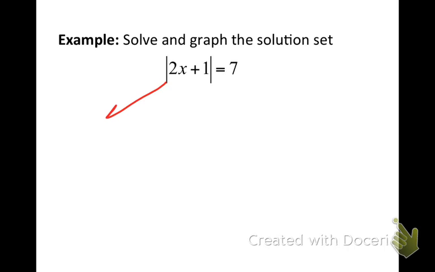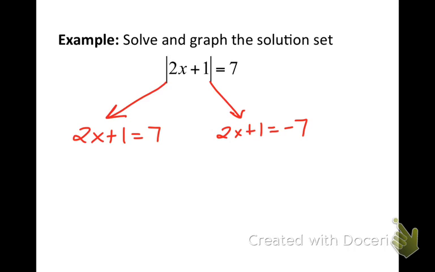So I like to kind of branch off of the absolute values. My first one, I'm going to take the positive. So 2x plus 1 is equal to 7. Gets us our positive distance away from 0. My second equation is going to take us in the negative direction away from 0, which becomes 2x plus 1 equals negative 7.